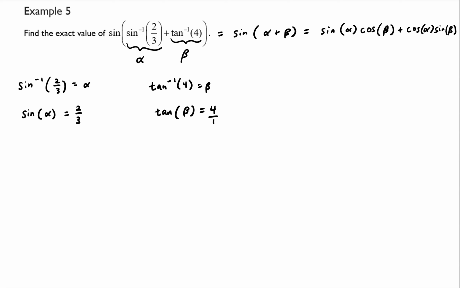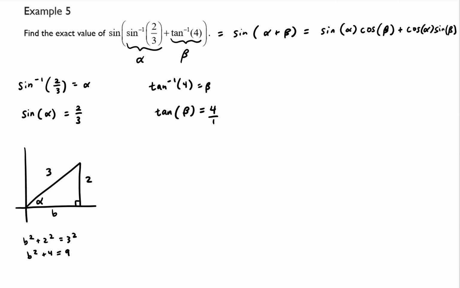So I'm going to draw my right triangle. Here's my angle alpha. And I know that opposite over hypotenuse is 2 over 3. And if I call this b, then we know that b squared plus 2 squared is equal to 3 squared. And so if we solve that, we get b is equal to the square root of 5.